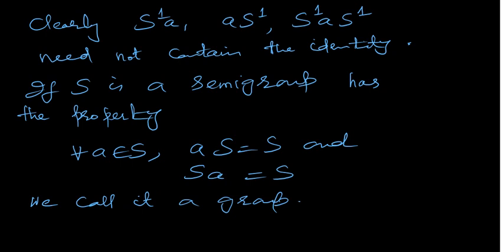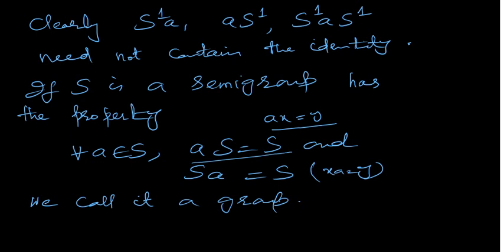And you can easily verify that both are actually equivalent, that you have already done in your BSc course. This equation has a solution ax equal to y in S, and this means that x equal to y equation will have a solution in S. So you have already done this in BSc.